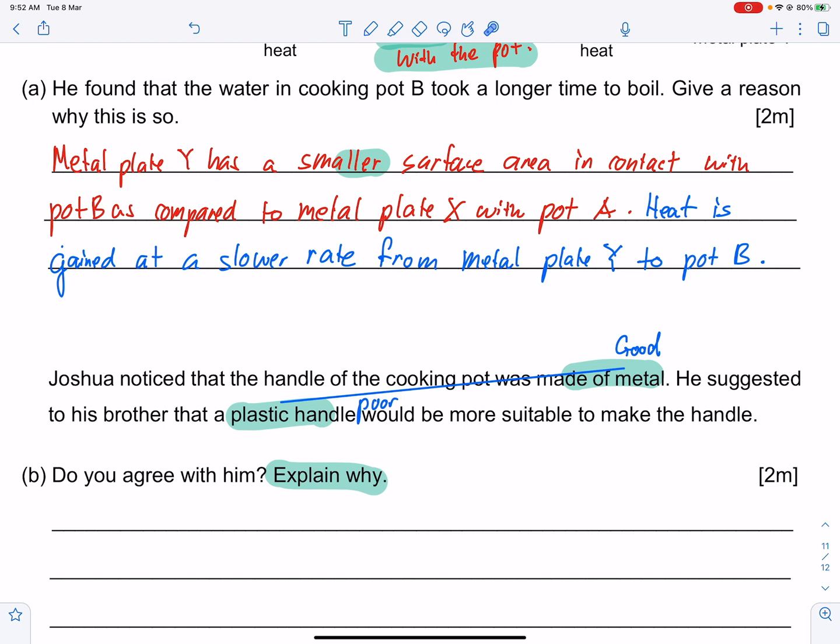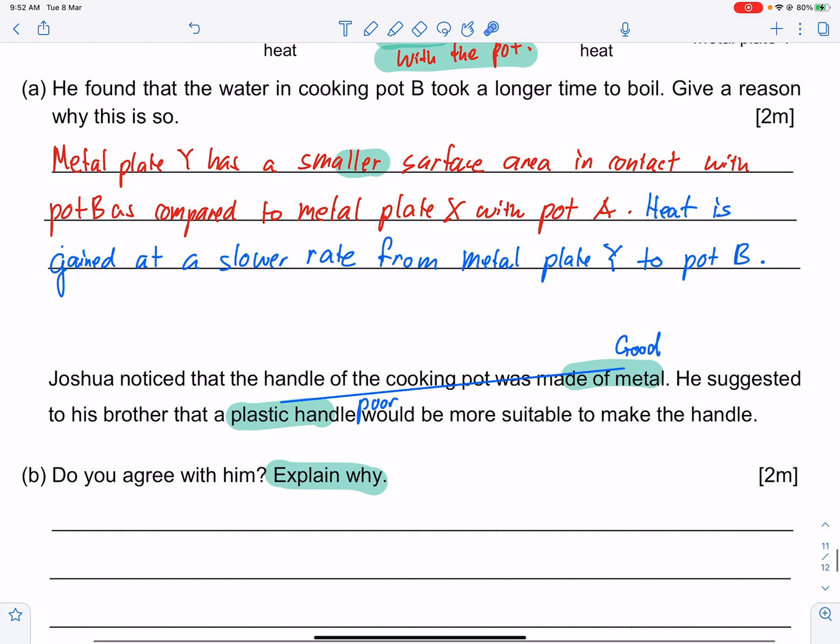Then you cannot say iron is a good conductor of heat and gold is also a good conductor of heat. You cannot. It's better, right? So similarly from here is good practice. So I would say that you should use the word poorer or better conductor of heat.